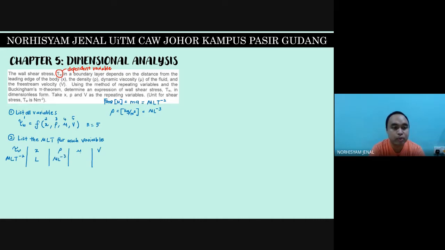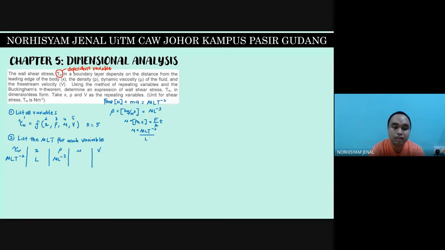And then we have mu, which is dynamic viscosity. So the unit is equal to Pa·s. So it is force divided by area, because Pa is pressure, force divided by area, times second over here, times time. So you'll get mu. Force here we have m L t negative 2.